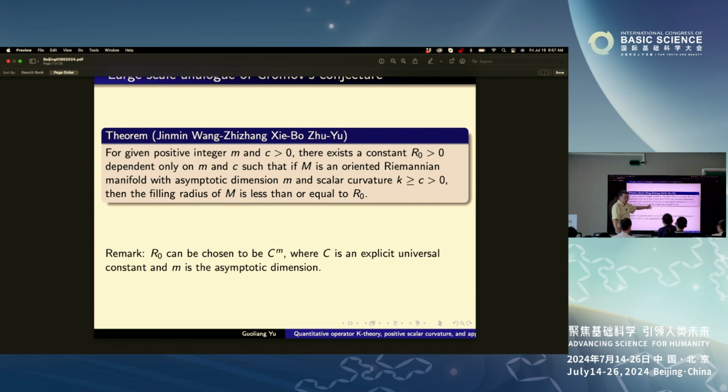I imagine you can use the minimal surface method in low dimensions and avoid the spin, but we don't know how. But we don't have any dimensional restriction. That's probably the advantage of this method.